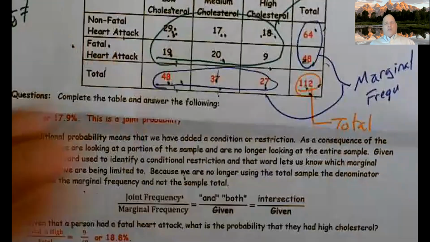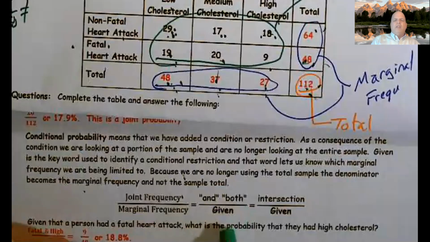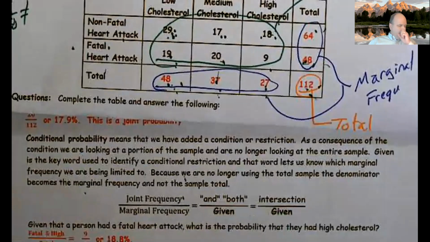We don't know which marginal; depending on the question, that can change. So a conditional probability is a joint frequency over a marginal frequency. And typically we're looking for the words "and" or "both" and something that says "given."